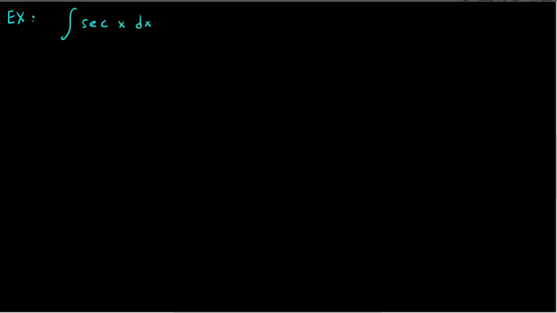Well, the only thing I know to do here is to change secant to maybe 1 over cosine dx, right? Well, okay, then I don't think we have a choice here. u has to be the denominator, cosine of x. The problem is that the du should be negative sine x dx. And we don't have that in the numerator here, right?